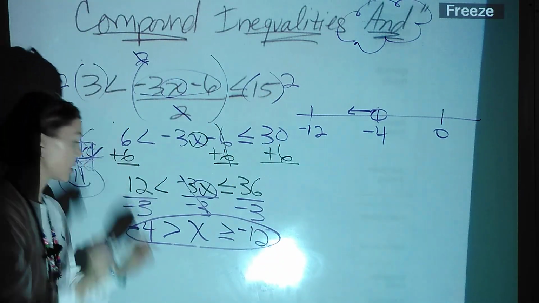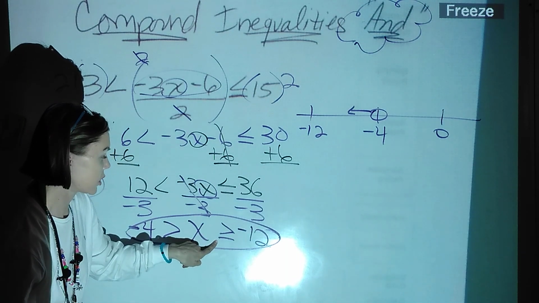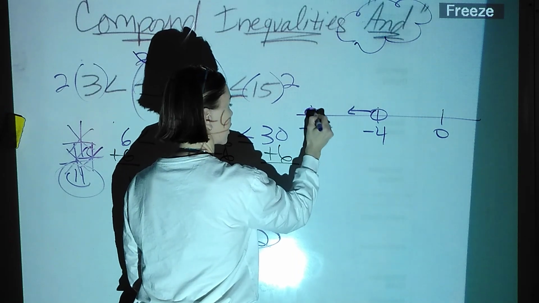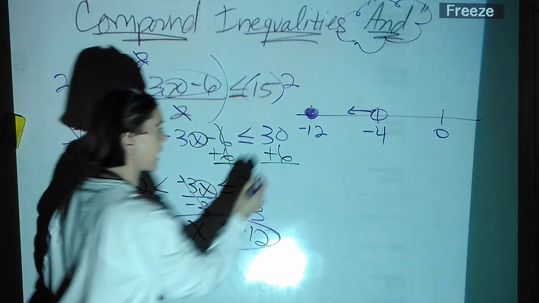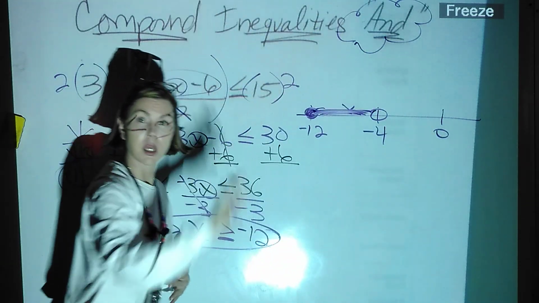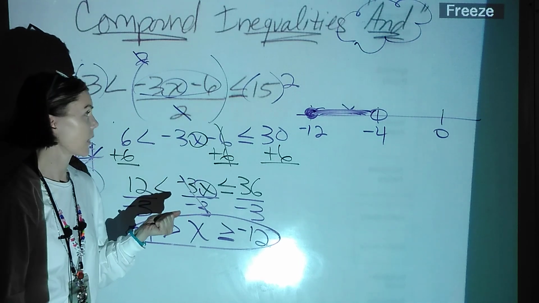And X is greater than or equal to -12. So we're going to do the colored-in circle because it's got that equal-to line underneath it. Greater than always goes to the right. So we go to the right and then we shade in between and we're done. That is your "and" compound inequality. Fabulous.